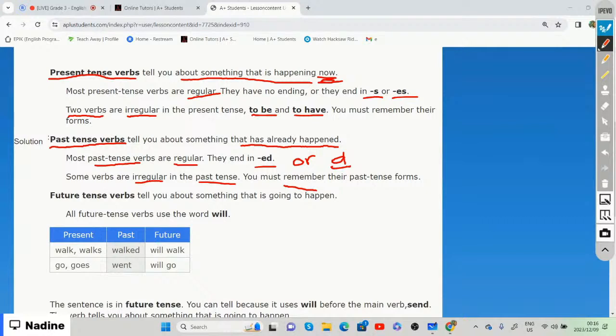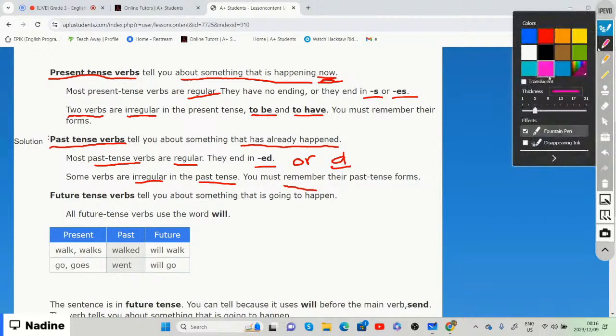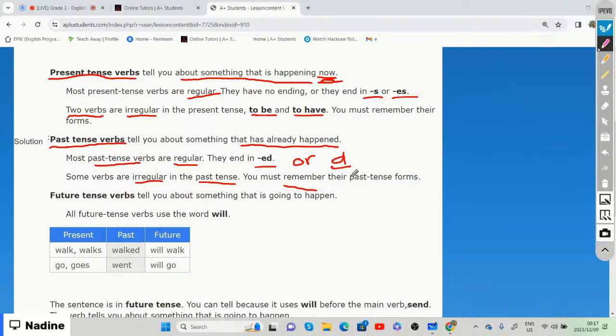It's like saying, I drink water, right? But in the past, I drank water, right? Which means that this word drank is an irregular verb, because it's not like we said, I drinked water, right?